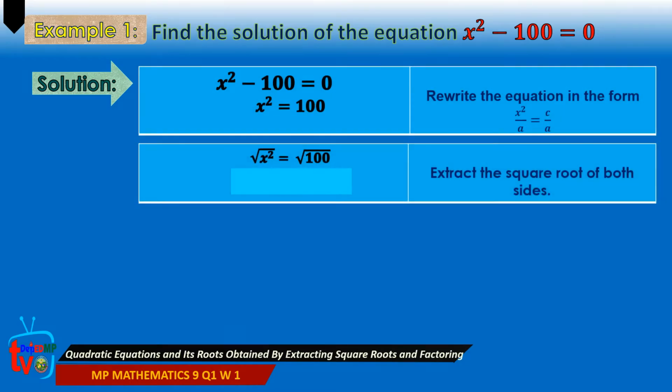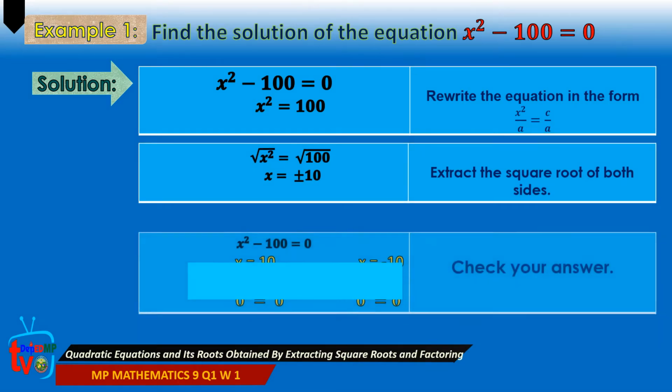Next, we are going to extract the square root of both sides. So extracting the square root of x squared, we have x, and the square root of 100 is positive or negative 10. So the values of x would be positive 10 and negative 10.